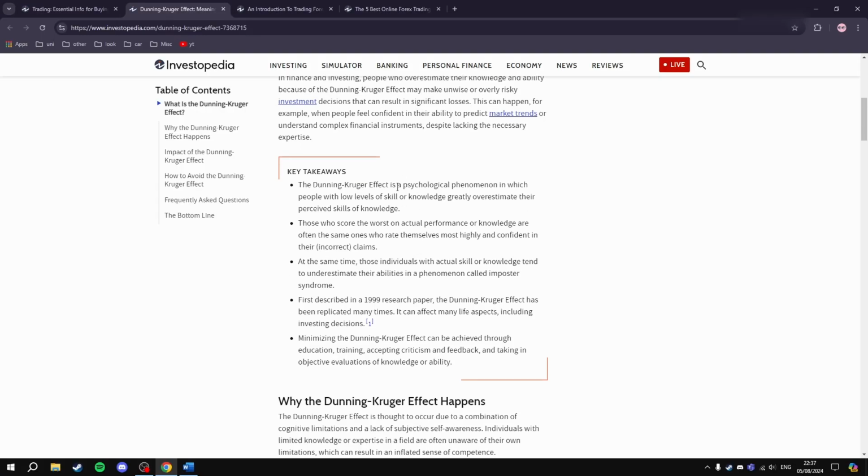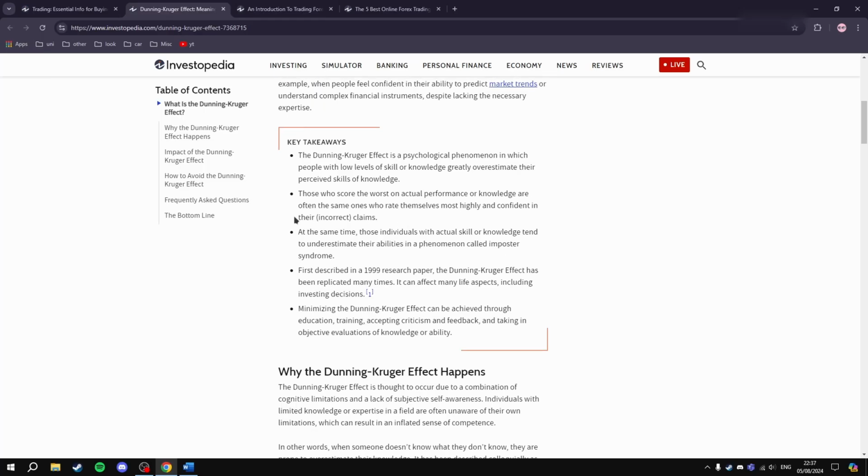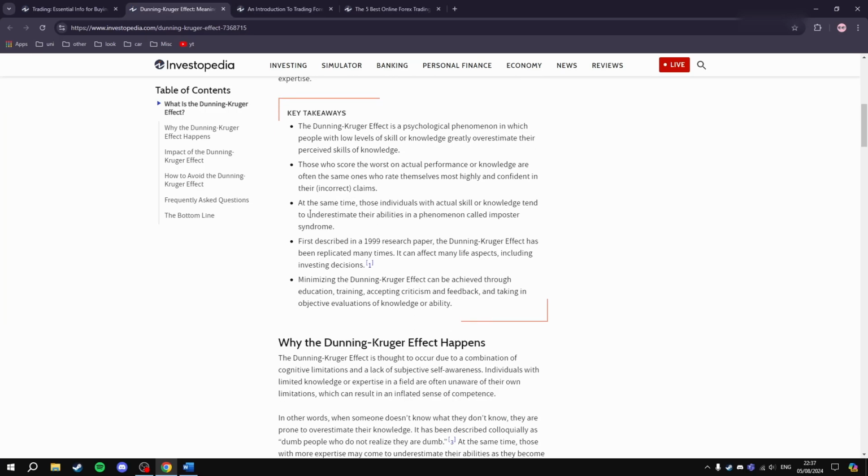Interesting. Key takeaways: the Dunning-Kruger effect is a psychological phenomenon in which people with low levels of knowledge or skill greatly overestimate their perceived skills or knowledge. Those who score the worst on actual performance or knowledge are often the same ones who rate themselves most highly and are confident in their incorrect claims. At the same time, those individuals with actual skill or knowledge tend to underestimate their abilities in a phenomenon called imposter syndrome.